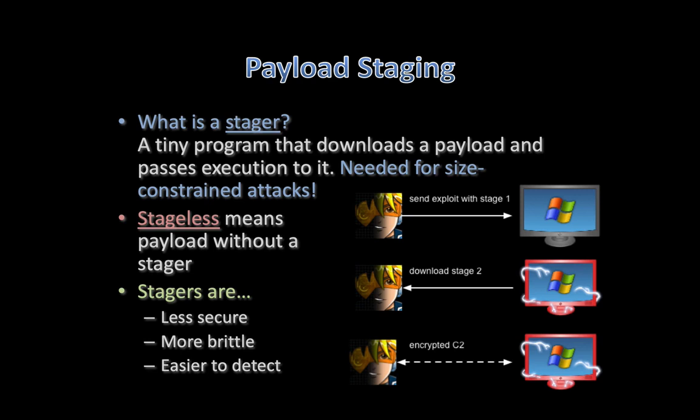A great example is using a PowerShell one-liner for lateral movement. I can't fit a 200 kilobyte beacon payload in a single PowerShell one-liner. So that situation requires a stager. If you hear me refer to stageless, that means the attack or automation uses a payload as is, and there is no stager involved in that process.